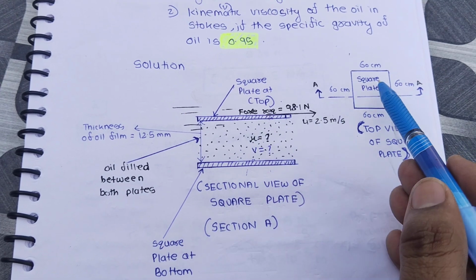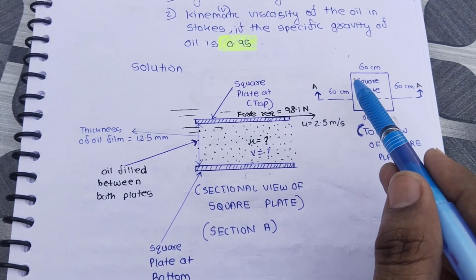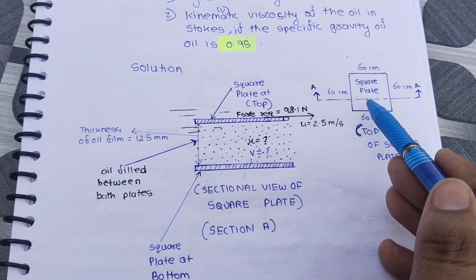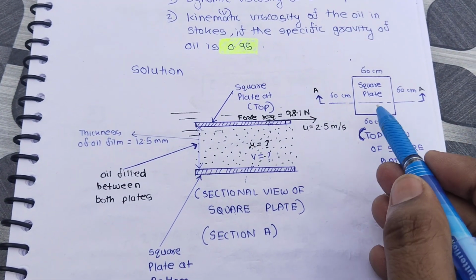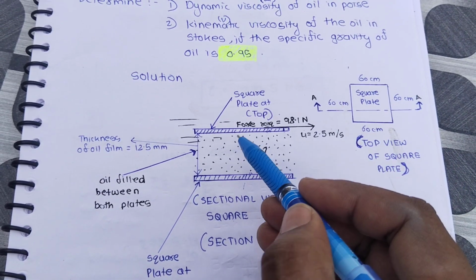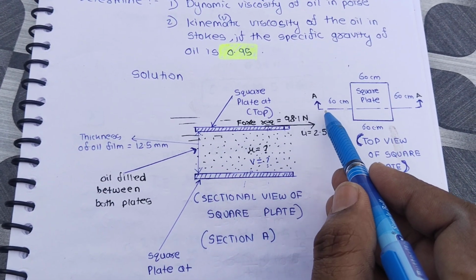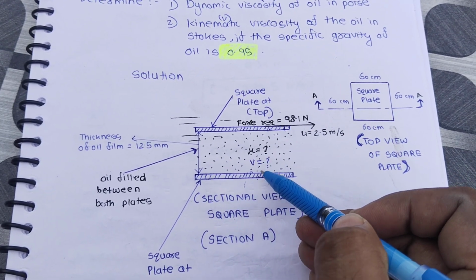This is the top plate. This is a square plate. Each side is 60 centimeter. The area of the square plate will be 0.6 by 0.6, so the area will be calculated as 0.36 meter square. This is the top plate, and in the sectional view this is the top plate and this is the bottom plate.